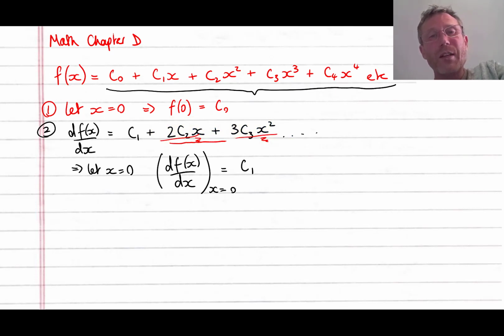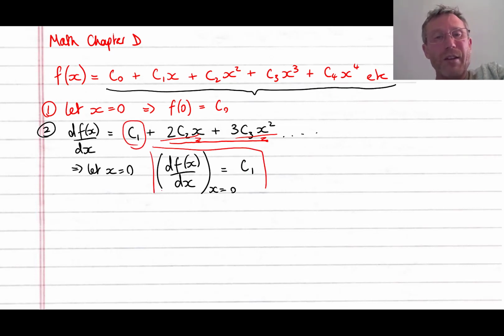These terms disappear, and all we're left with is the C1. So we end up having a new value for the constant C1 in our expression. We can keep going.